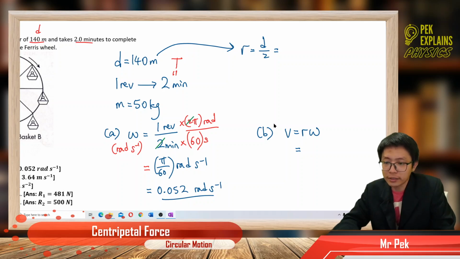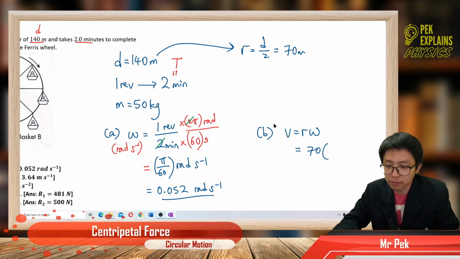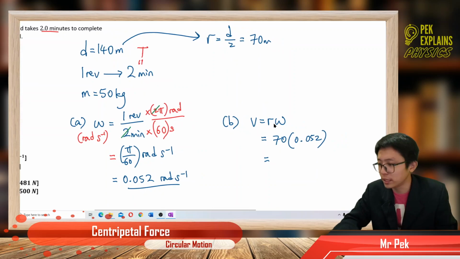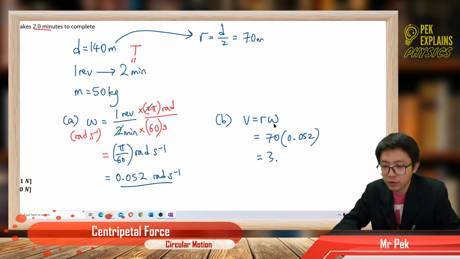So our radius is 70 meter. 70 multiplied by omega just now, 0.052. So the answer we get is 3.64 meter per second. That's our speed.